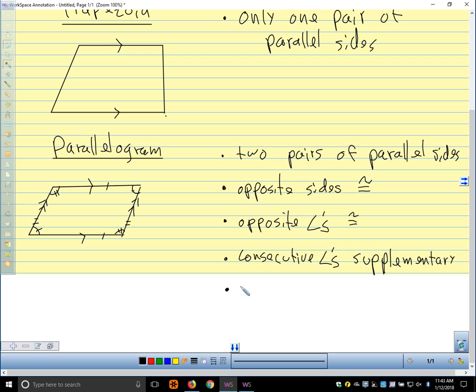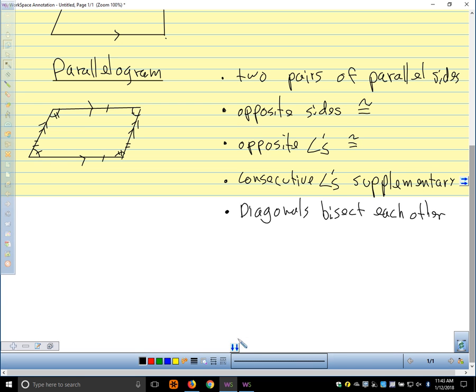And one other thing, the diagonals bisect each other. So let's remember, what does bisect mean? Cut in half. The diagonals cut each other in half. And what's a diagonal? You draw a little parallelogram.